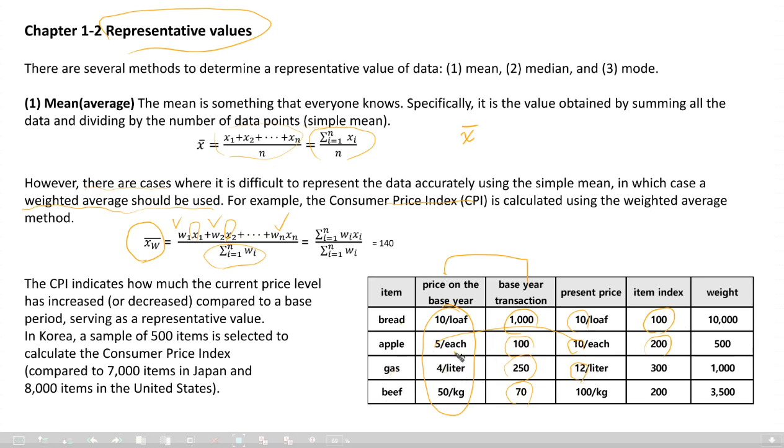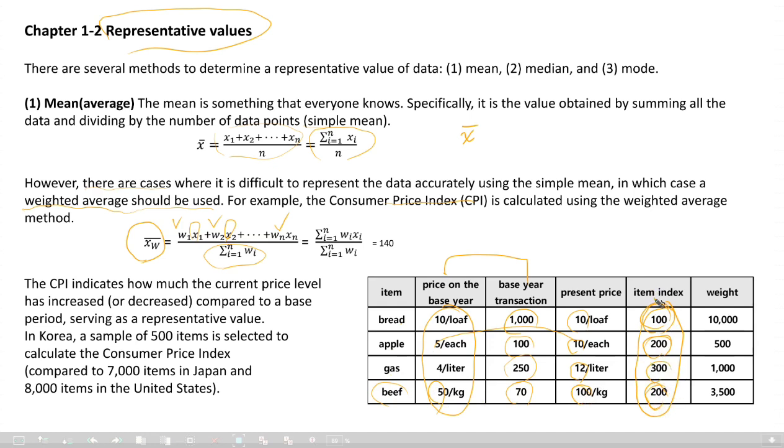What is that? 300. The price becomes 3 times of 4. So beef is what? 50 to 100. So 200. So the item index is 100, 200, 300, 200.